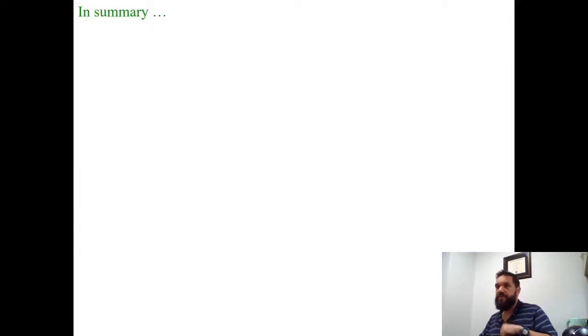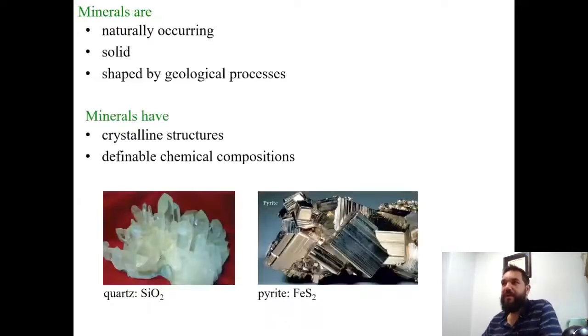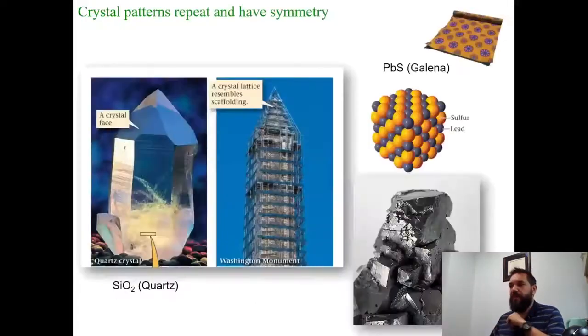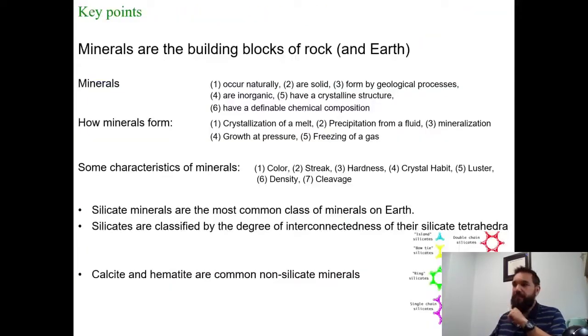Okay, so that's it. In summary, minerals are naturally occurring, solid, formed by geologic processes. Minerals have a crystal structure. They have a definable chemical composition. You have to be able to write a chemical formula for it. There's examples of crystal patterns. They have a crystal structure, which means it has a repeating pattern to its atomic makeup.